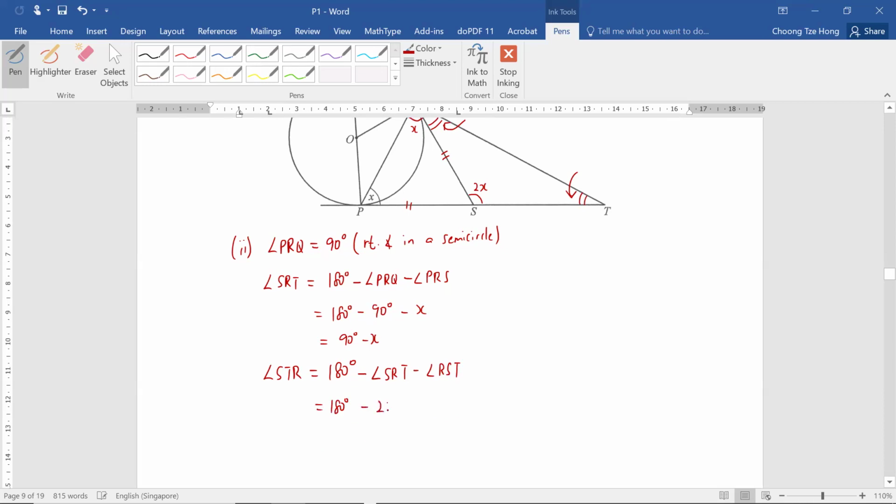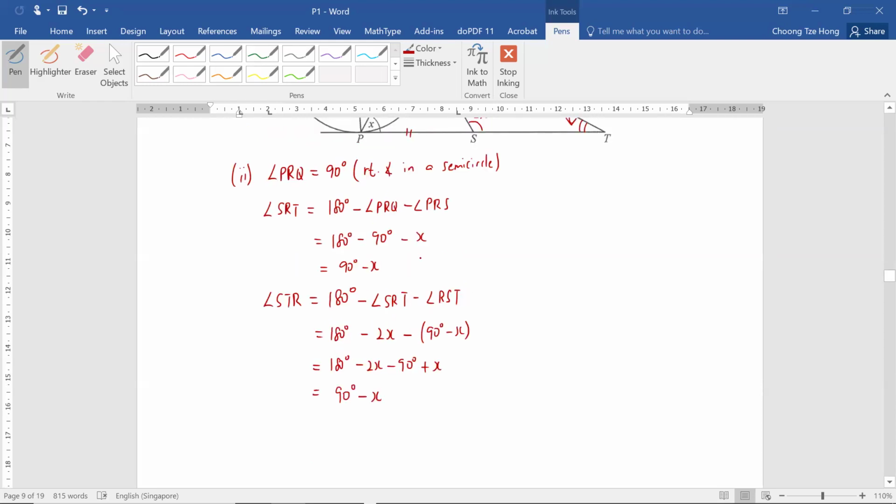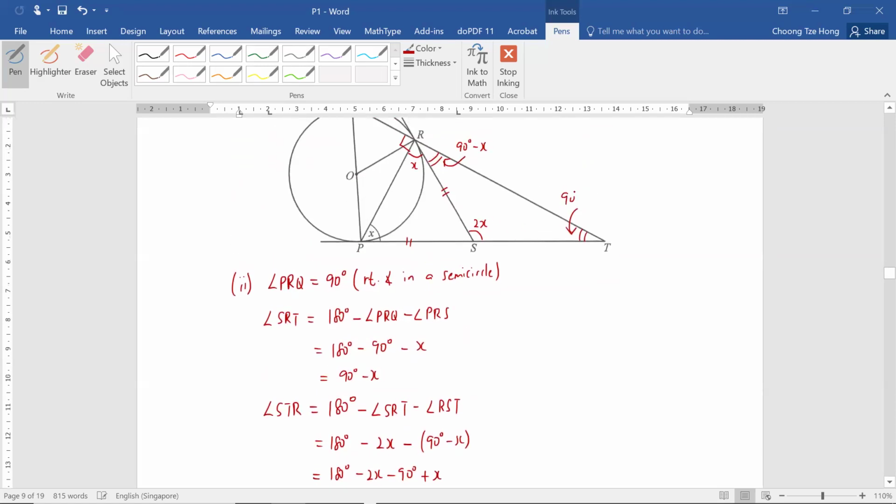So minus 2x, then minus 90 degrees minus x. Maybe I'll just expand the whole thing, easier for you to see. 180 minus 2x minus 90 degrees plus x. Minus minus becomes plus. So this would be equal to 90 degrees minus x, which is the same angle. So it shows that this one is also 90 degrees minus x.